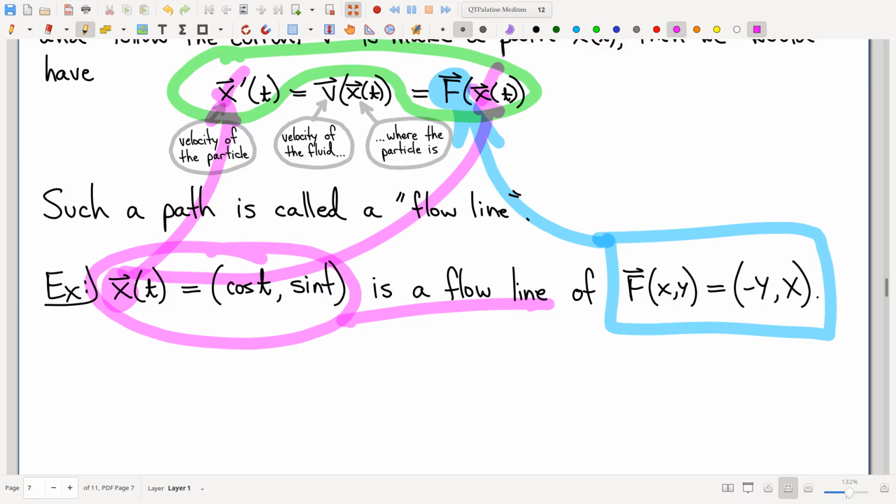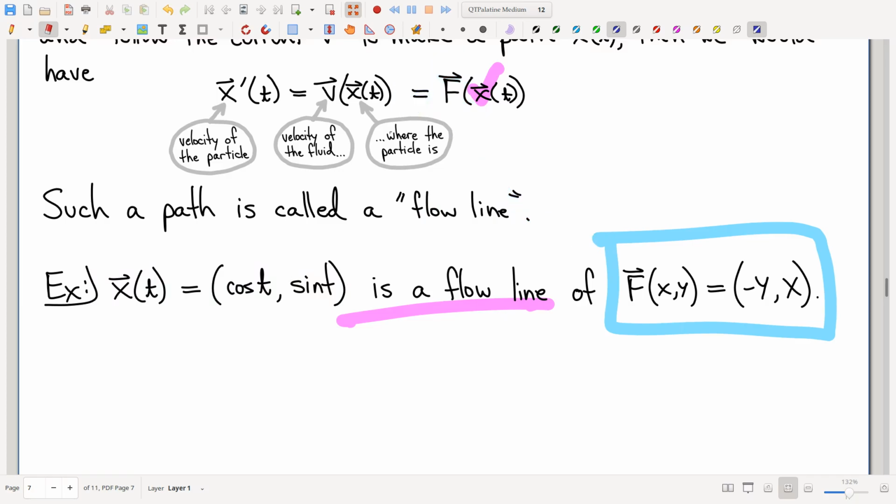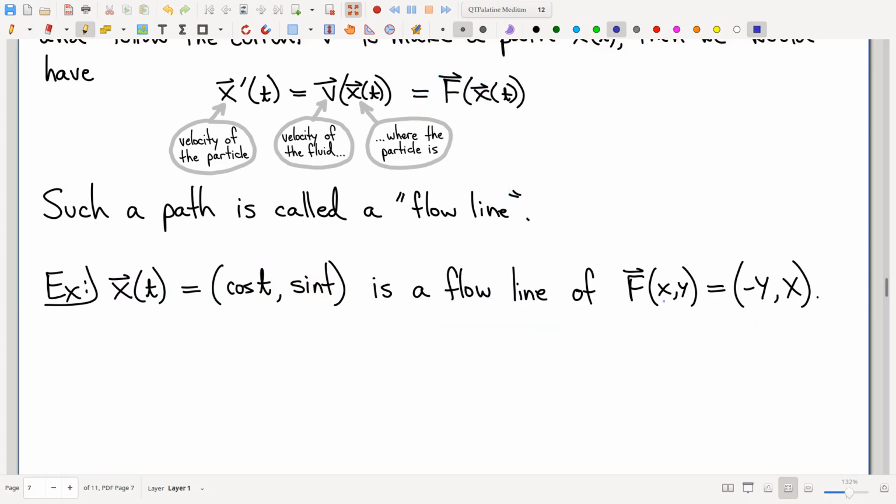I'm going to plug it into this formula for the vector field to get the right side of the equation. And the claim is that the equation works. That makes sense to everybody? All right. Okay. Good deal.